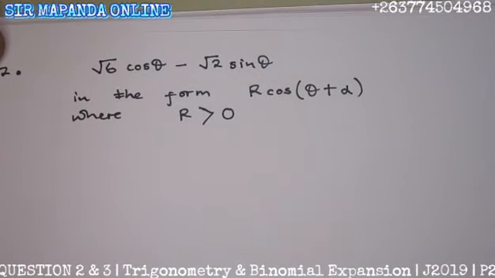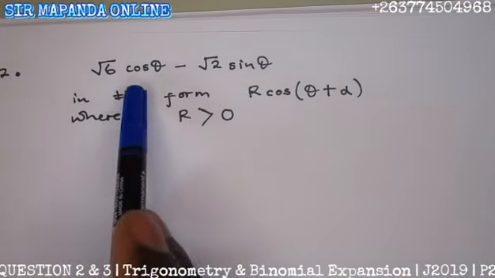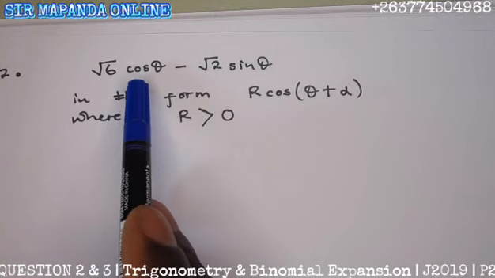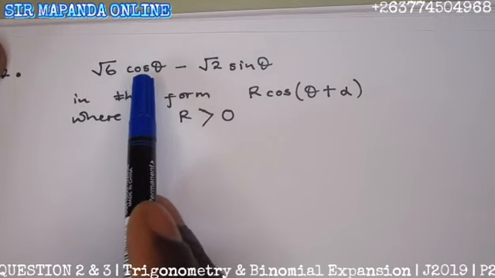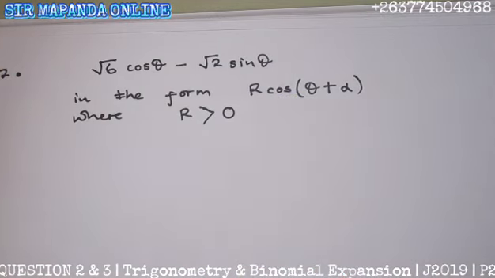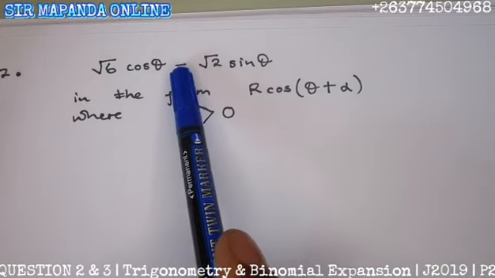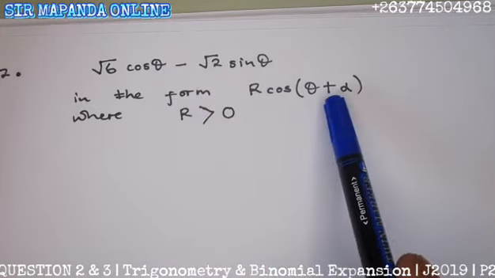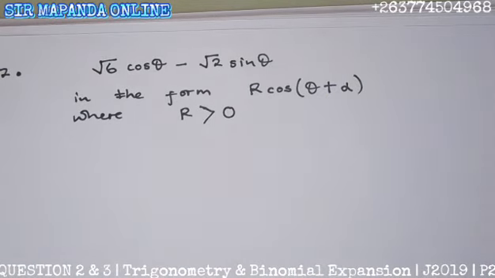Right. So when you have an expression which starts with cos, we usually express it in r cos form. But for r cos, there is a sign change. If you have negative here, you put a positive inside the bracket.